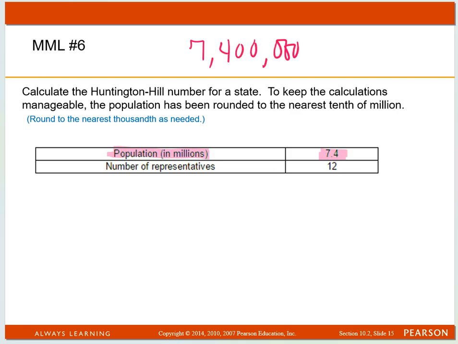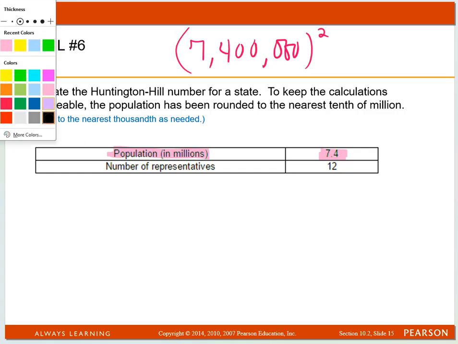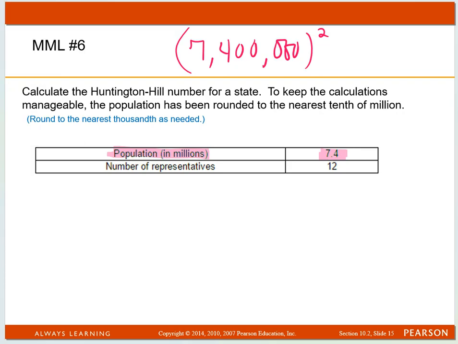But the problem is if you try to take that big number and square it, your calculator is going to kick it into scientific notation, and we don't have time for that. So, like I did in that example with the stockholders, I knocked off all the zeros. Just leave the decimal point there and use 7.4.